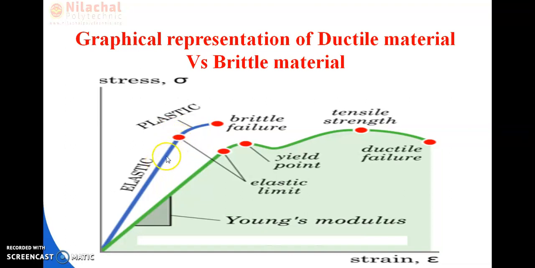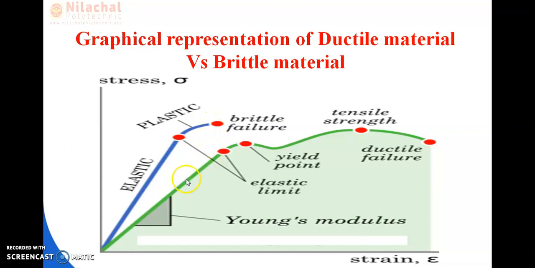In case of brittle material, beyond the elastic point the plastic limit starts, that means from this point to this point. After some time the material fails here. In brittle material there is no yielding point and no ultimate strength point. Directly after the plastic limit, up to some point, it will fail.